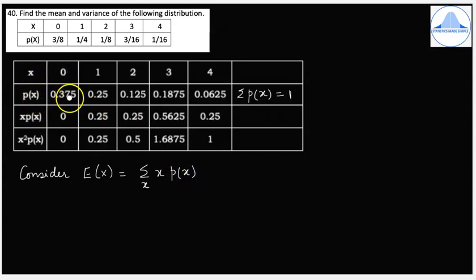So 0 into 0.375 is 0. 1 into 0.25 is 0.25. 2 into 0.125 is 0.25. 3 into 0.1875 is 0.5625 and 4 into 0.0625 is 0.25. Now add up this particular row and it will give you summation xP of x, which is equal to 1.3125.